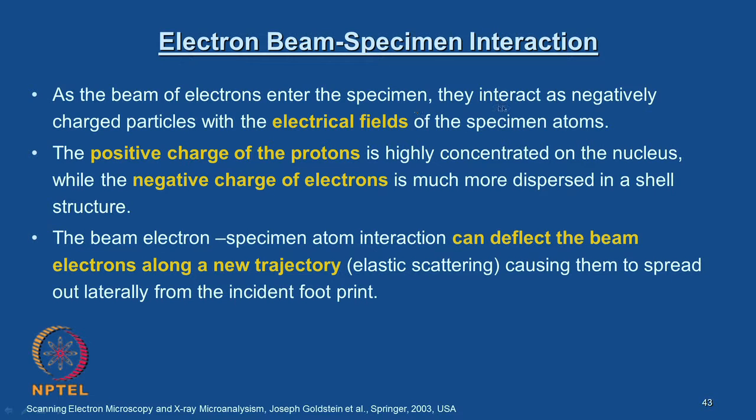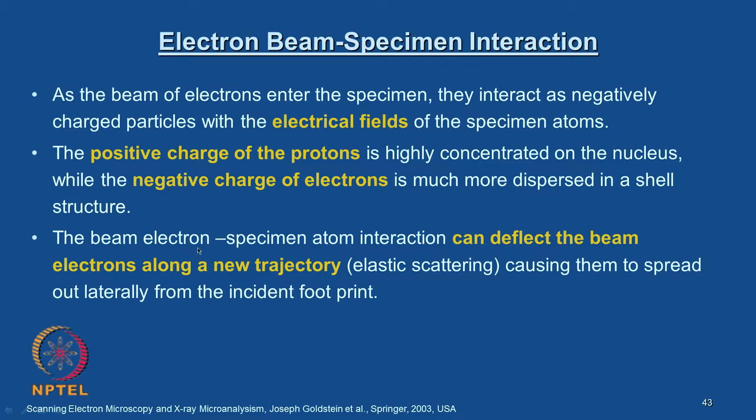So, as the beam of electrons enter the specimen, they interact as negatively charged particles with the electrical fields of the specimen atoms. The positive charge of the protons is highly concentrated on the nucleus, while the negative charge of electrons is much more dispersed in a shell structure.